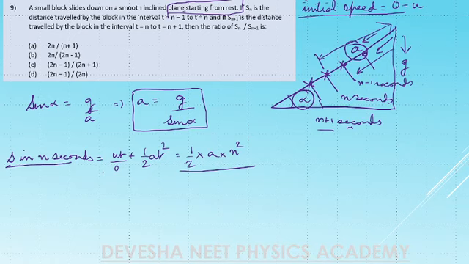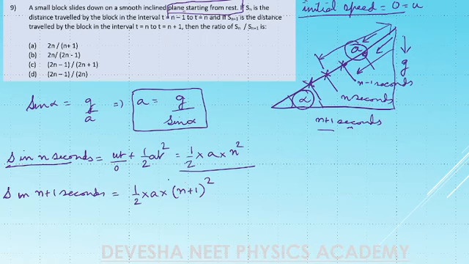Now, what is the distance in n plus 1 seconds? Similarly, it is equal to half into a into n plus 1 whole square.